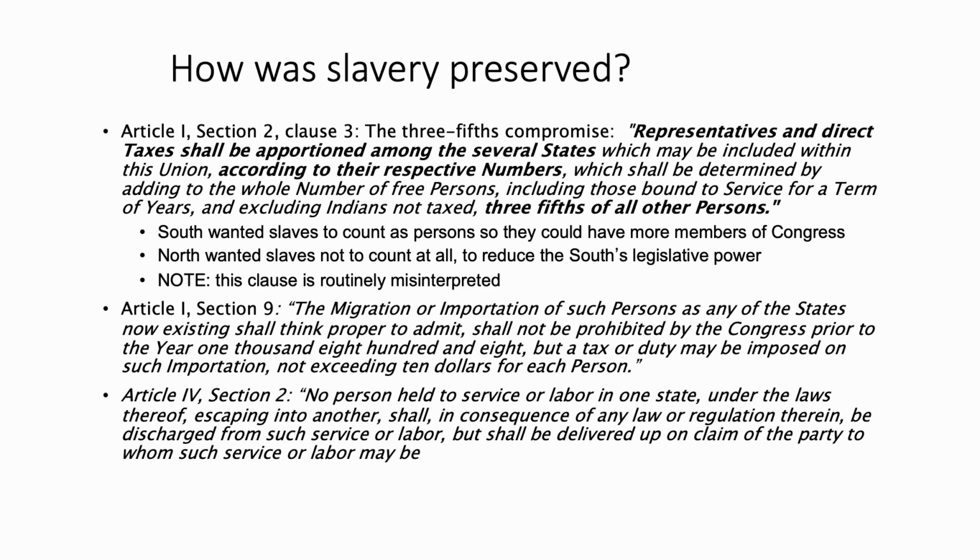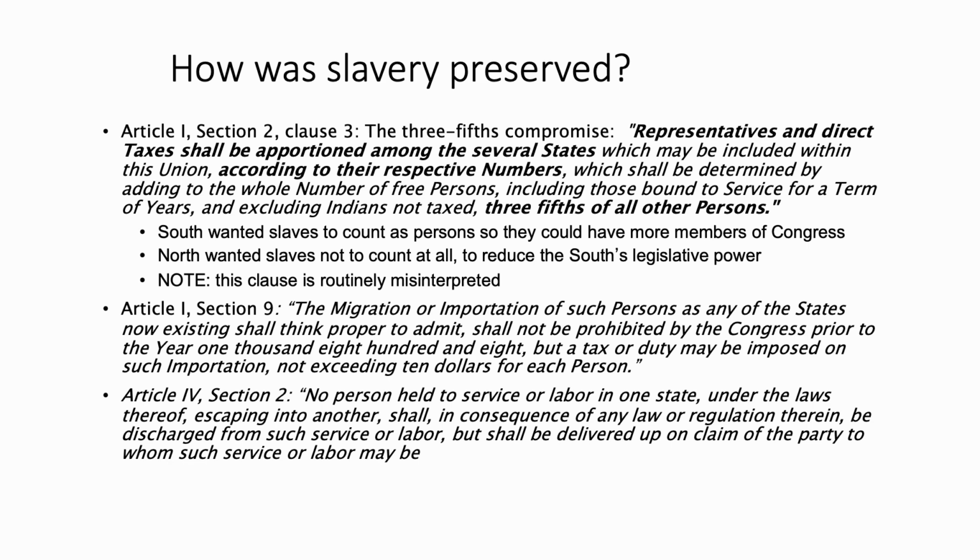They wanted to be able to count the enslaved portion of their population, which in states like South Carolina was actually probably the majority of the population. So they would have more power in Congress, and that would allow them to preserve slavery. And most of the northern representatives said, well, you should not be able to count the enslaved people at all because they have no rights, and therefore you can't give them no rights and then say that they are now people or citizens for purposes of giving you more representation in Congress.